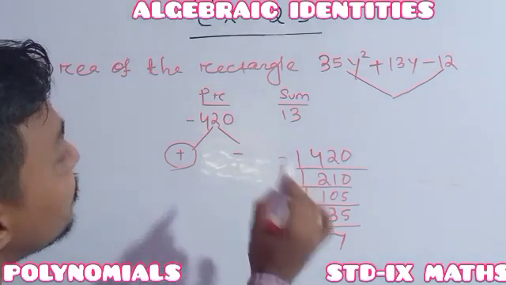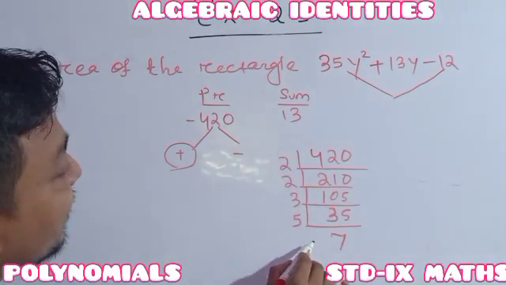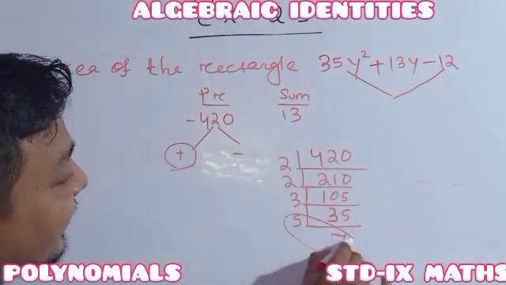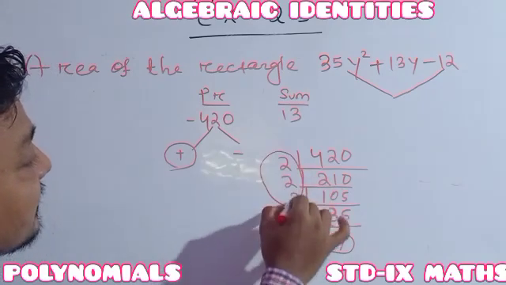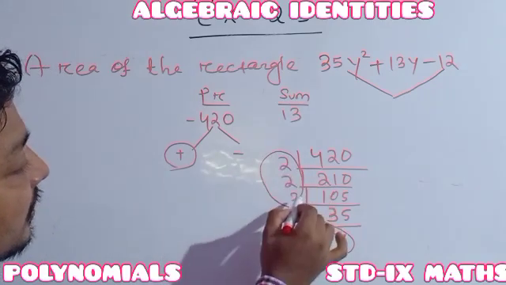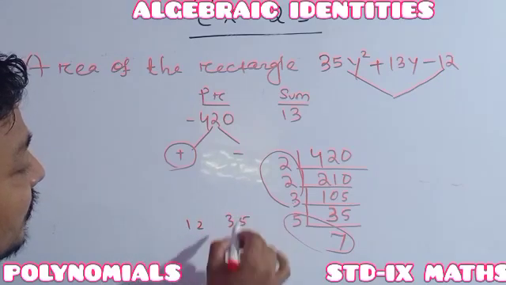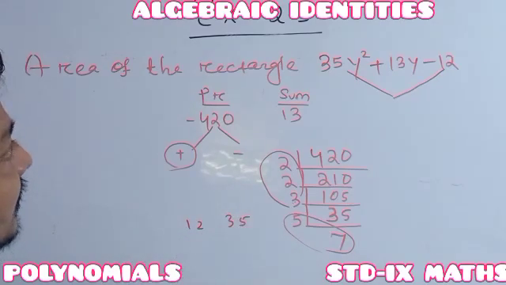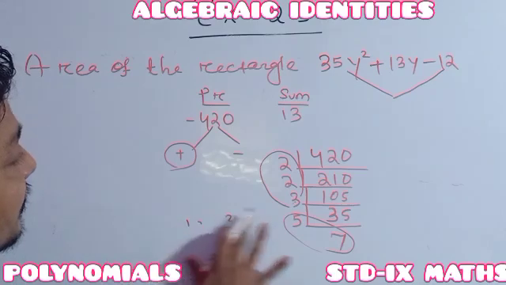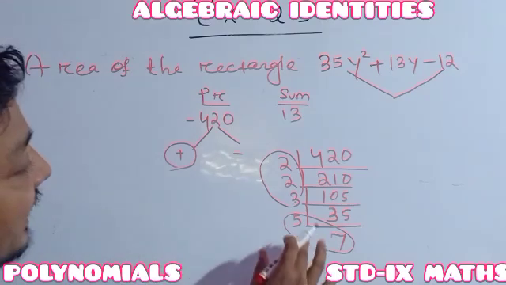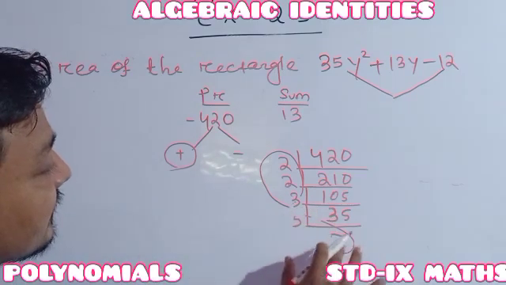Here it is given that the sum is 13. Greater one, suppose I take 35, 3 2s are 6, 2 3s are 6, that is 12. 12 and 35, here it is 23. No, this one we cannot consider. Another one we have to take.